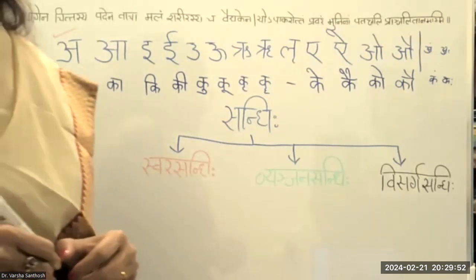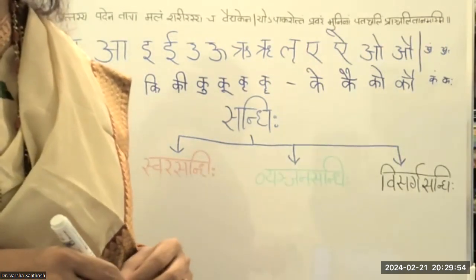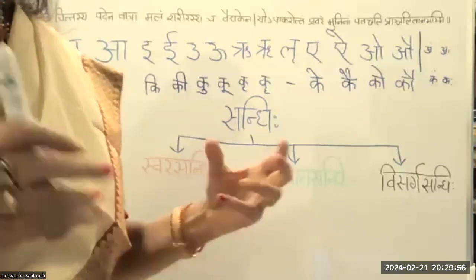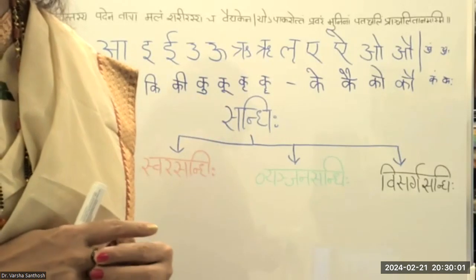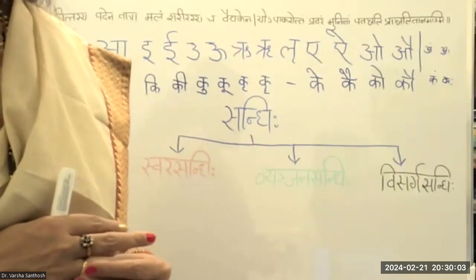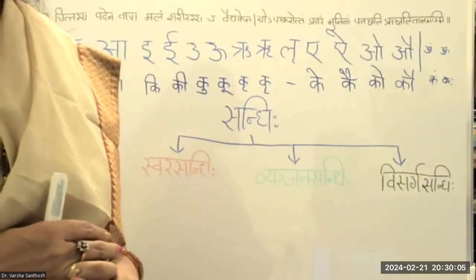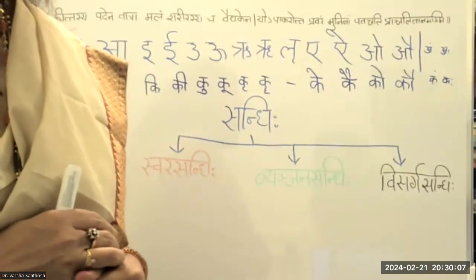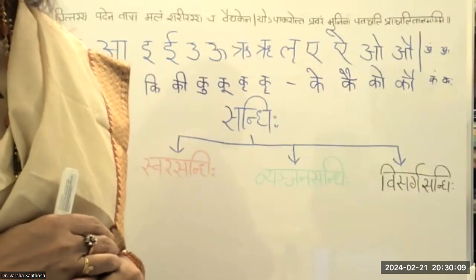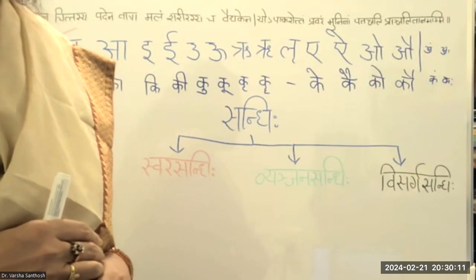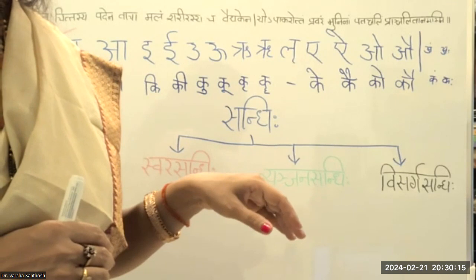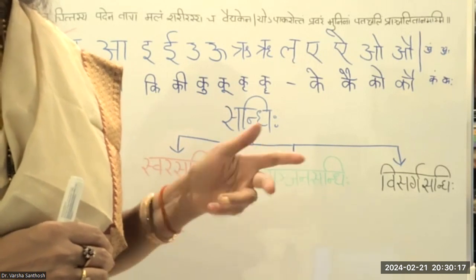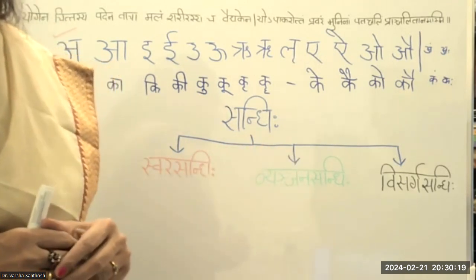It is at the end of the word. When visarga is involved in 2 words, that time some change would happen. When we learn visarga sandhi, it will become clear. 2 visargas cannot join, because visarga is always at the end of a word. So we need the end alphabet of one word and the first alphabet of the next word. That time the sandhi will happen.